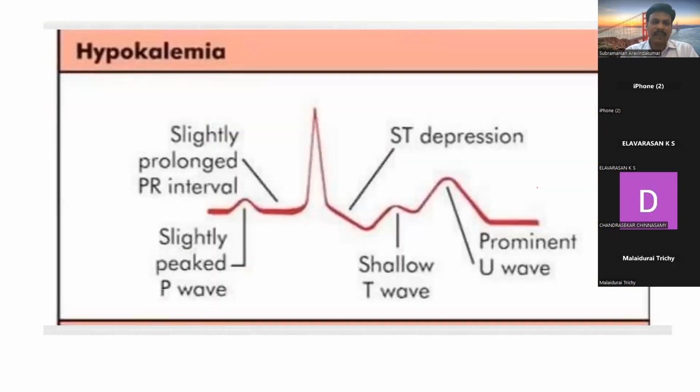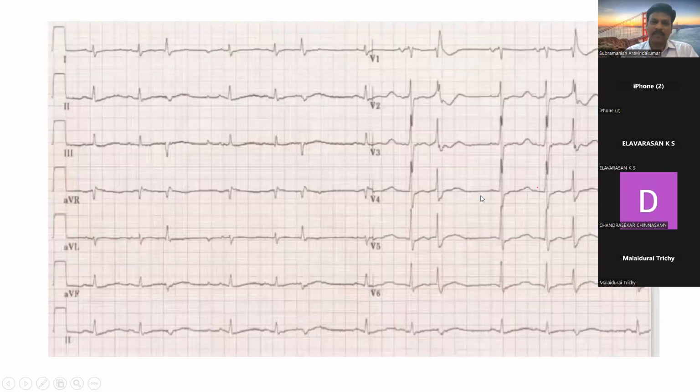See here, normal looking P waves, slightly prolonged PR interval may be there, QRS complex may be normal, and you have ST depression followed by a positive final U wave, and this U wave QT prolongation is typical of hypokalemia.